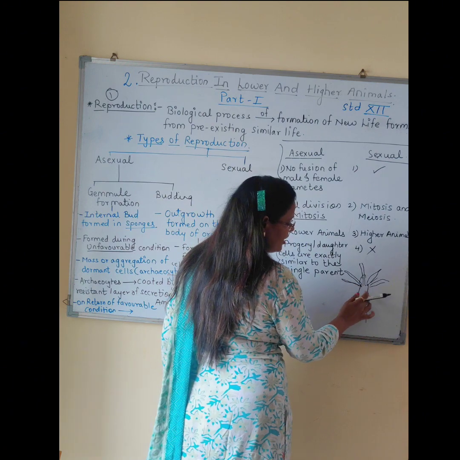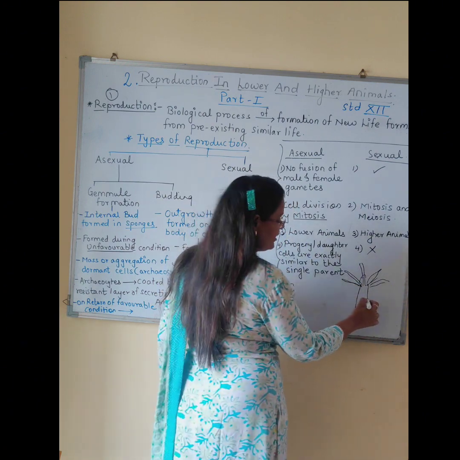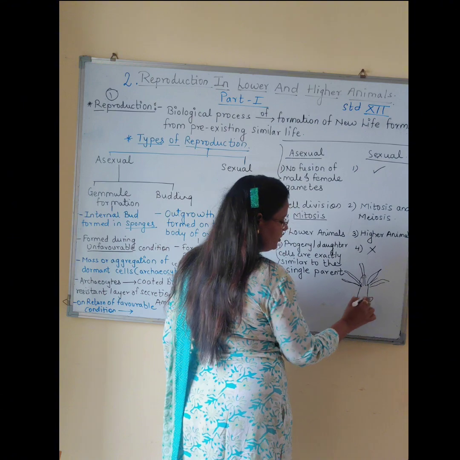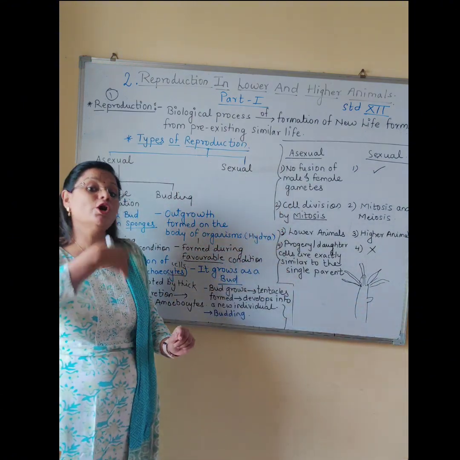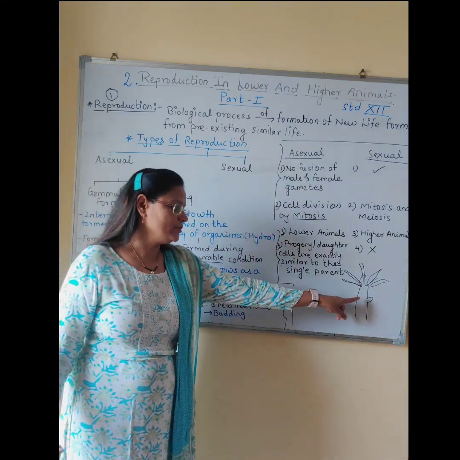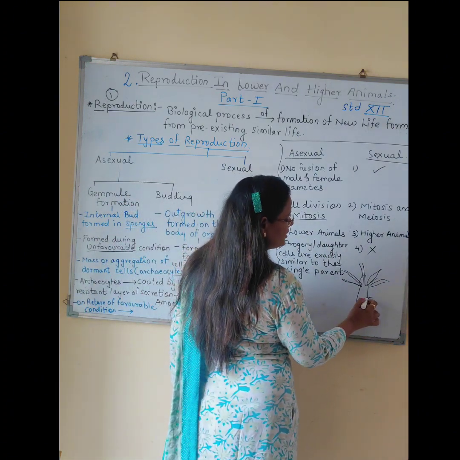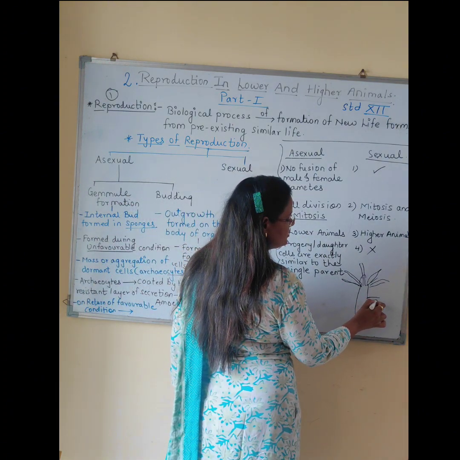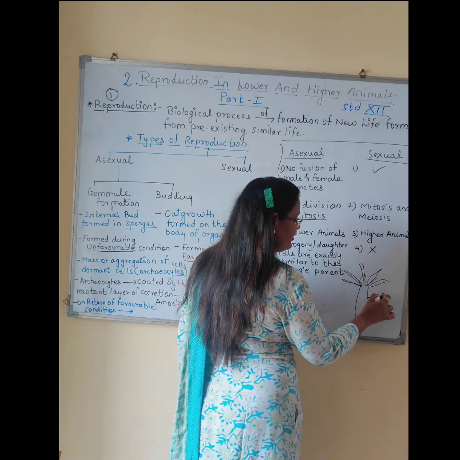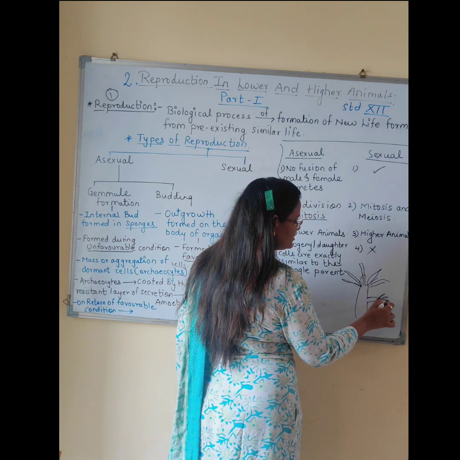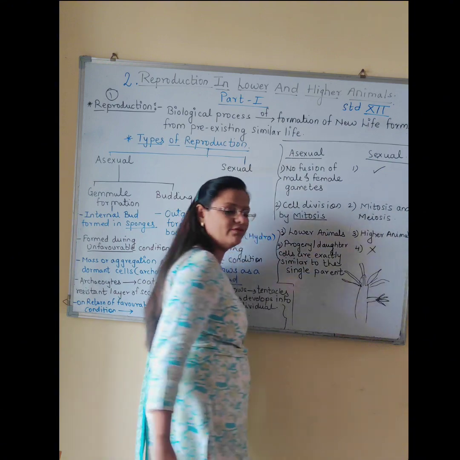Now this hydra forms a bud. Okay, so this is the outgrowth which forms outside the body of the organism. So an outgrowth has come. Later this outgrowth will grow, then it will develop tentacles. Now it has developed tentacles.